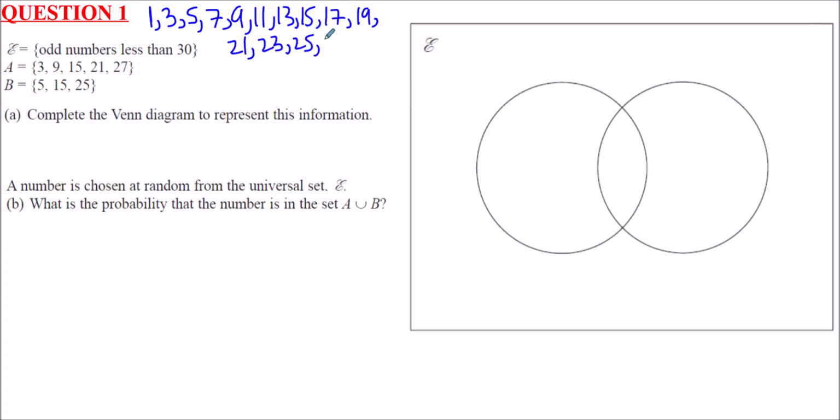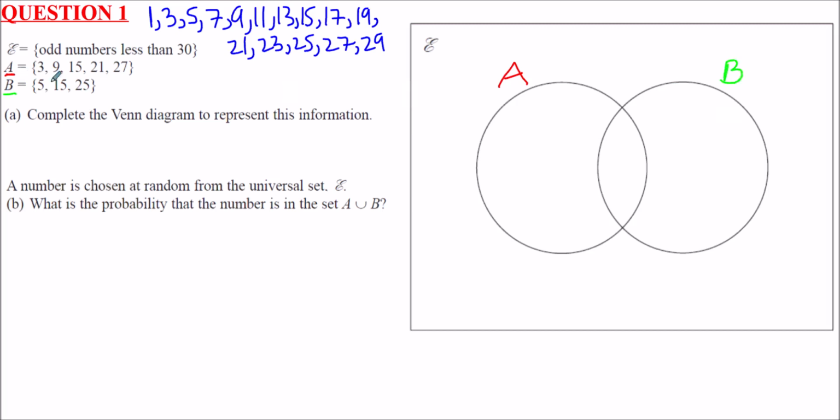25, 27, 29. So all the numbers in blue need to go in here somewhere. Set A here means set A, so I'm going to call this one circle A. So in region A need to go all these numbers, but in region B down here we need to put 5, 15 and 25.